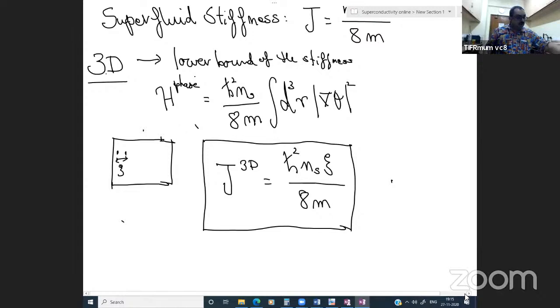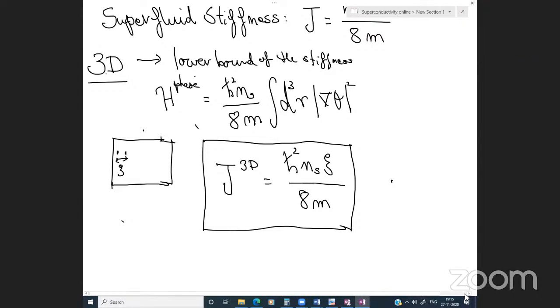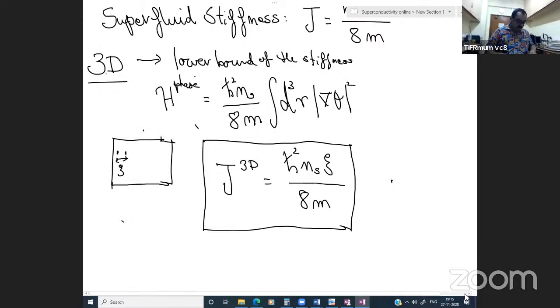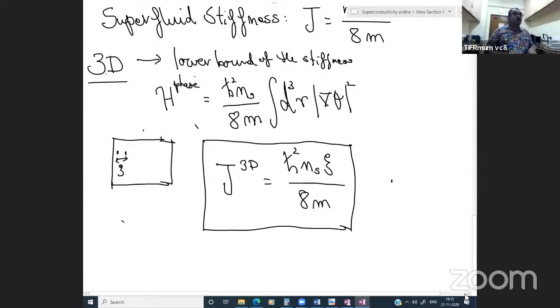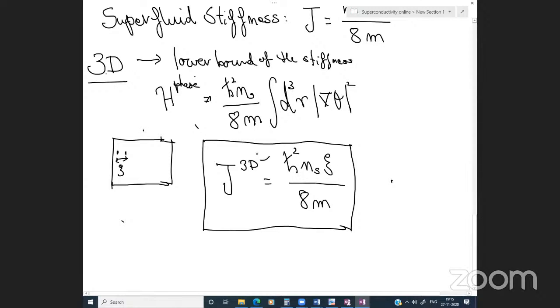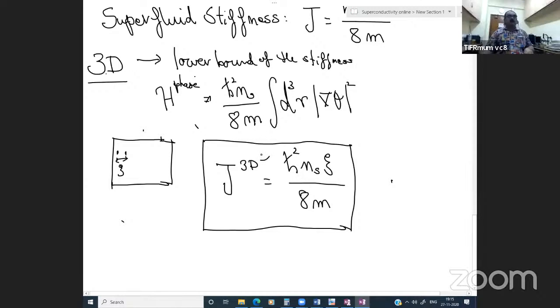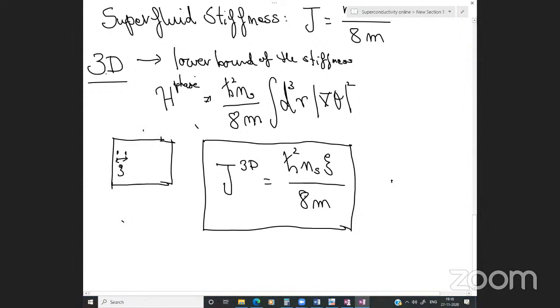Sir, can you explain the thing again? What do you want me to explain? For the 3D case, why is this the coherence length? Because it is the smallest length scale. In this integral, what is the small length scale cutoff? It will essentially be the coherence length. Smaller than the coherence length, I cannot apply a significant gradient to the phase.